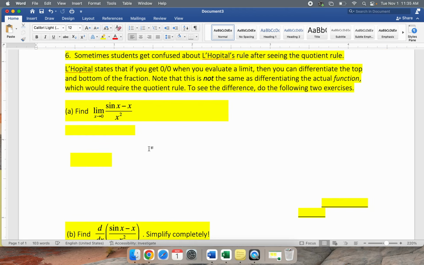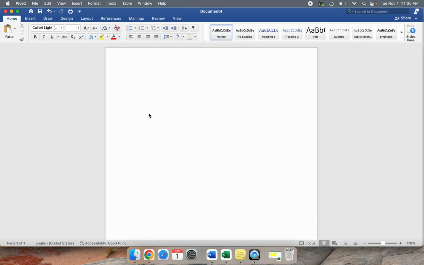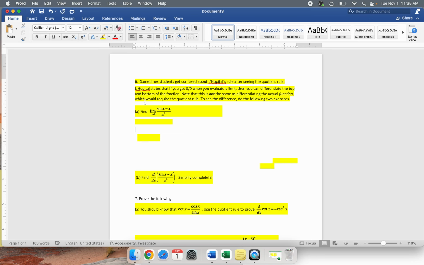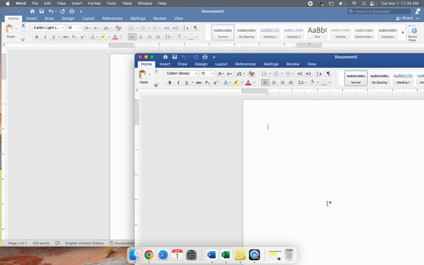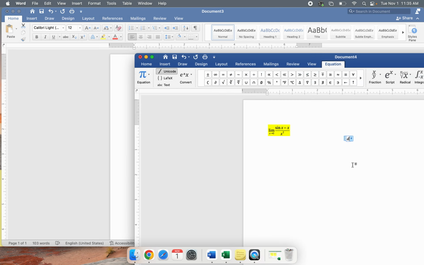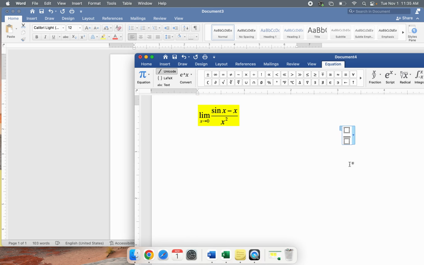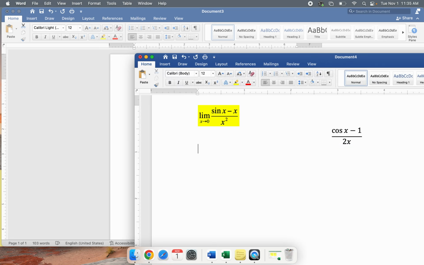Let me open up a new document really quickly. My equation editor is being a little bit crazy here. So I'm going to take the derivative of the top and the bottom. The derivative of the top is cosine x minus 1. The derivative of the bottom is 2x. If you plug 0 into this, I think you actually still get 0 over 0, which just means that you have to use L'Hopital's rule again.